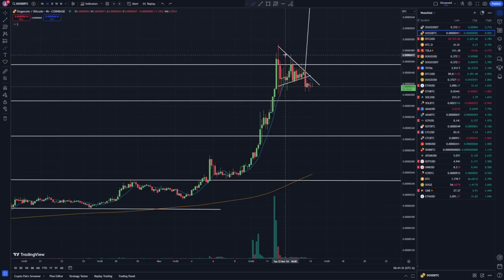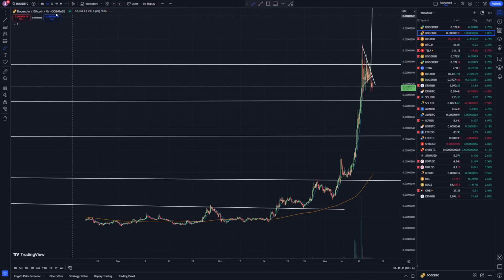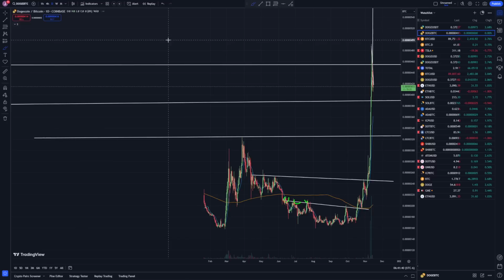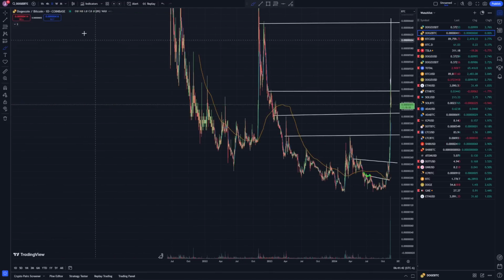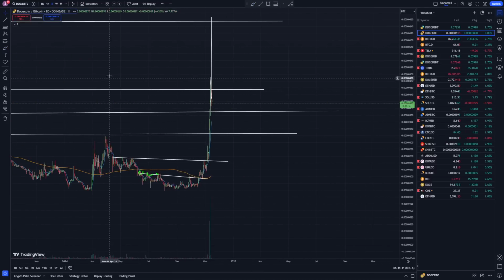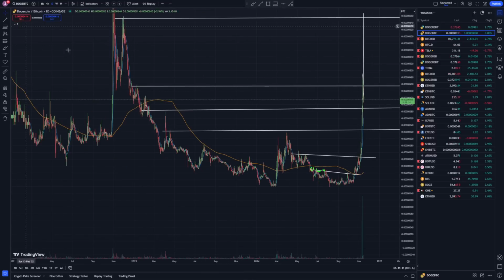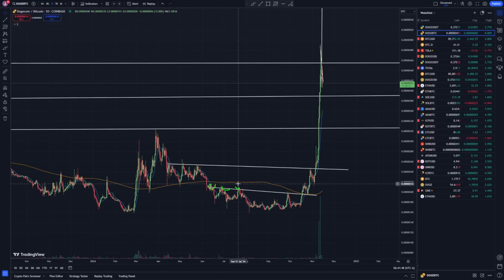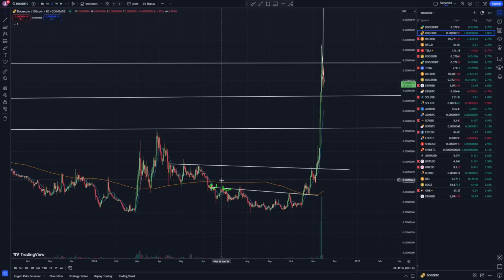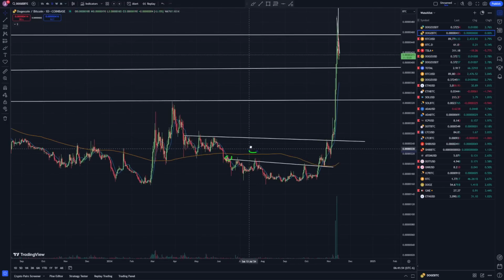It looks like we are getting a little bit of resistance in this area. It almost looks very similar to the Dogecoin chart. Let me go ahead and zoom out a little bit. We use this chart to look at resistances, and if we're breaking resistances, then it's good for Dogecoin. Like I said, if this chart's going up, then it's good for Dogecoin. If it's going down, then it's good for Bitcoin.